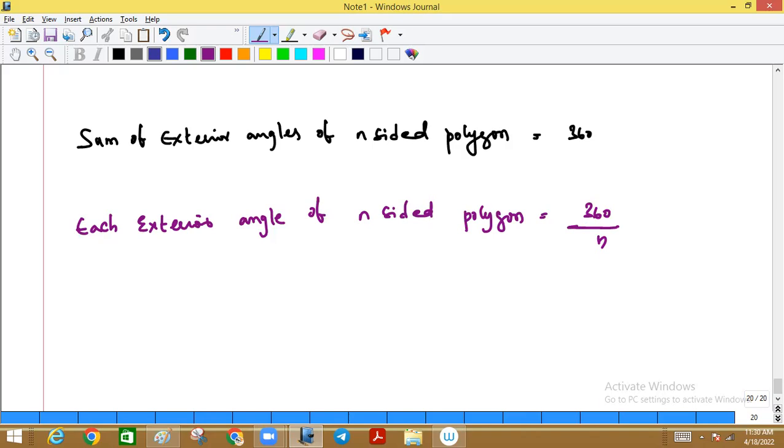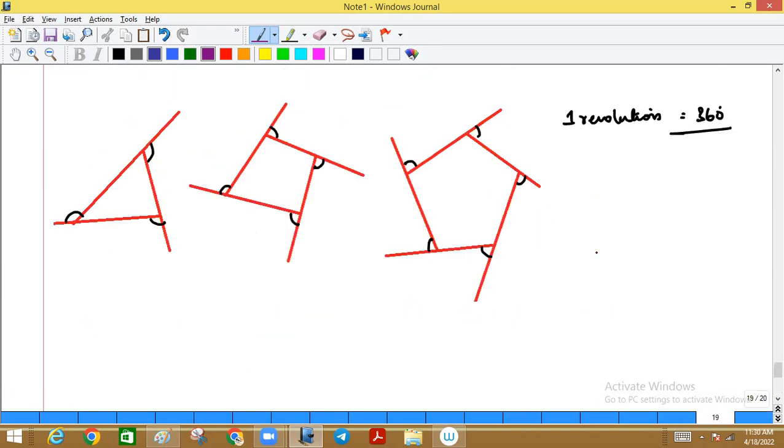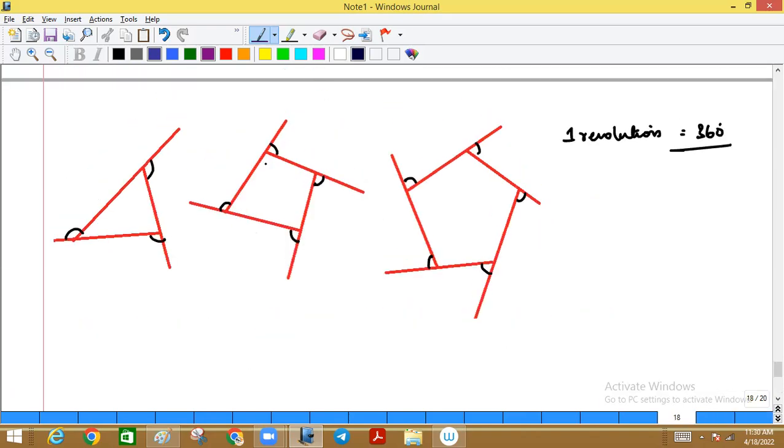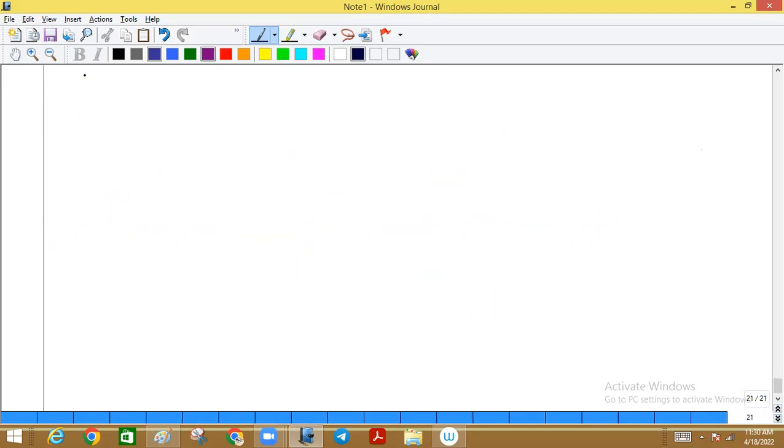Number of sides, right? If I take interior angle as I, exterior angle as E, what is I plus E? 180 degrees. So interior angle plus exterior angle is equal to how much? 180. What is the exterior angle formula I just gave? 360 by the number of sides.